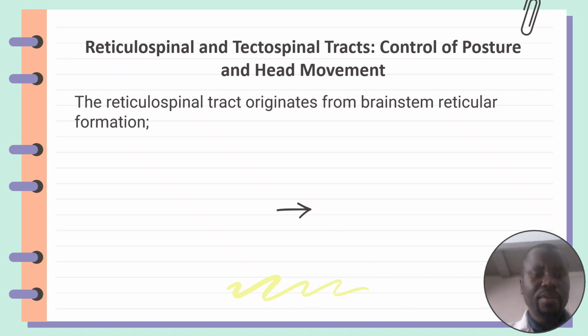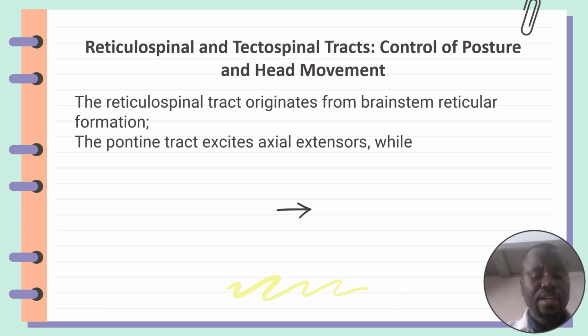So we are talking about those tracts originating from the brainstem reticular formation. The reticular formation is like a meshwork of neurons within the brainstem. They are involved in so many physiological activities, including breathing, control of sleep, respiratory activity, temperature regulation, a lot of them.